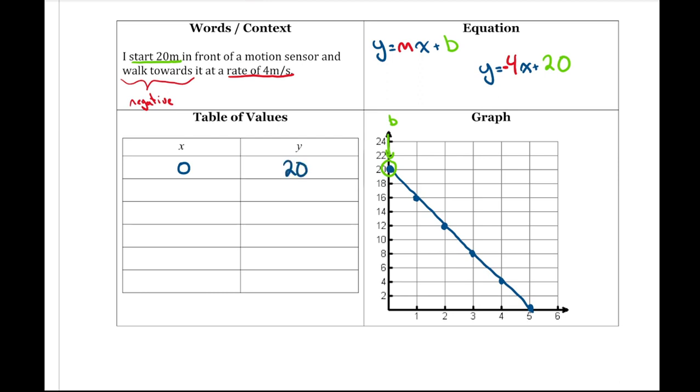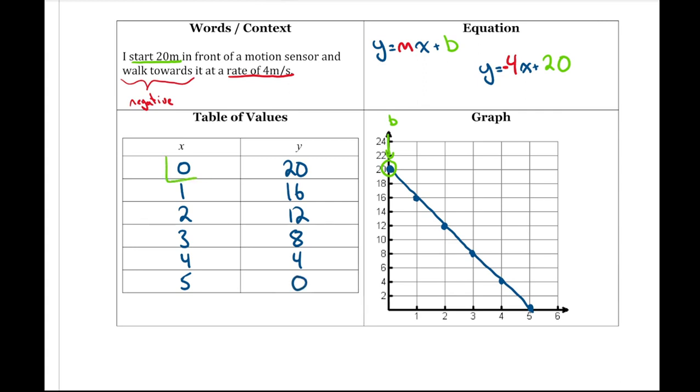So when x is 0, y is 20, x is 1, it's 16, 2, it's 12, 3, it's 8, 4, and 5, and, not 16, going the wrong way, 0.